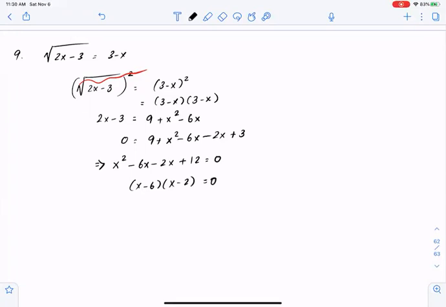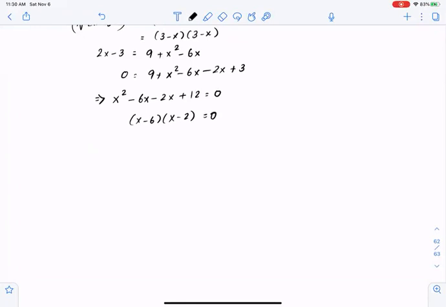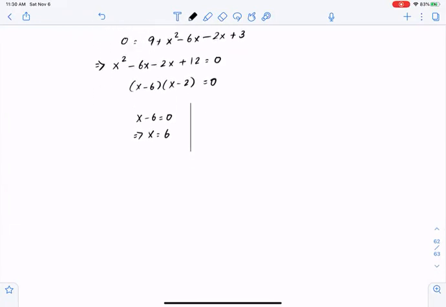And if I set each of them equal to 0, I'll have x minus 6 equal to 0, which would mean x is equal to 6. X minus 2 equals 0, and that would mean x is equal to 2. So the two solutions are x equals 6 and x equals 2.